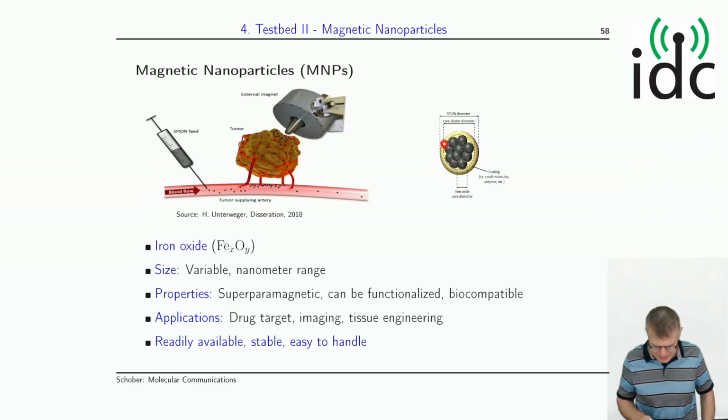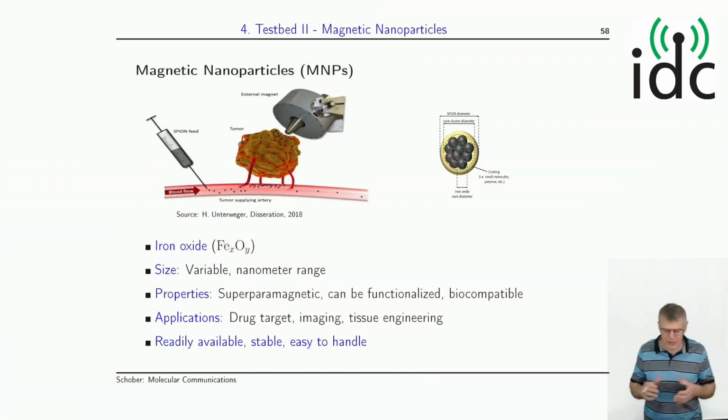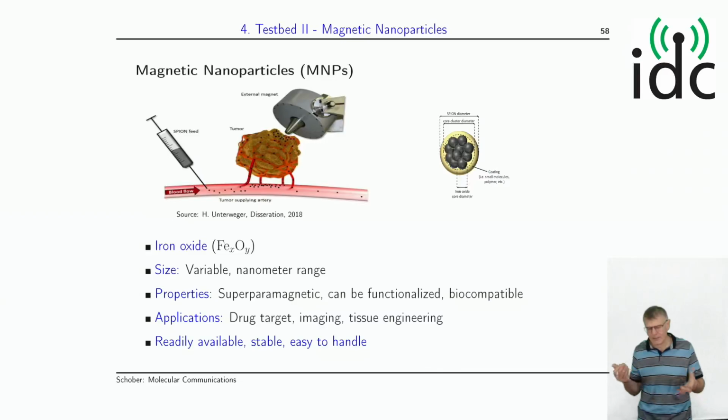And this altogether is what we call the magnetic nanoparticle, right? This coating is important to prevent more particles from sticking together and agglomerating. So to really have a similar behavior as for a molecule, you need this coating.